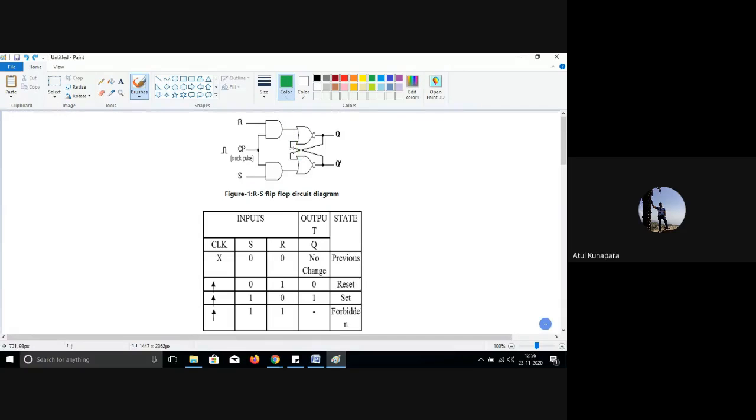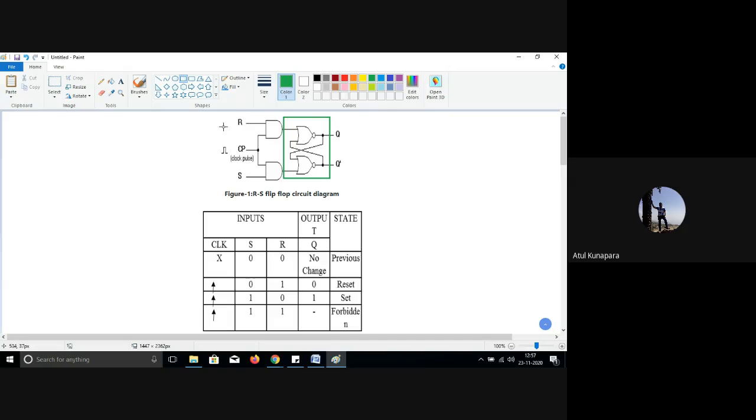This is the RS latch that we discussed in the previous experiment. In this green bracket, the cross-coupled NOR gates are nothing but an RS latch, or SR latch, whatever you call it.